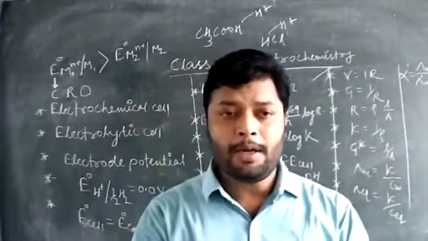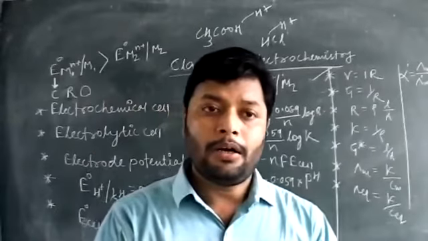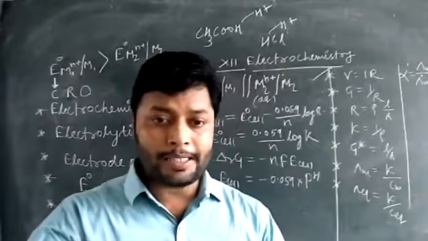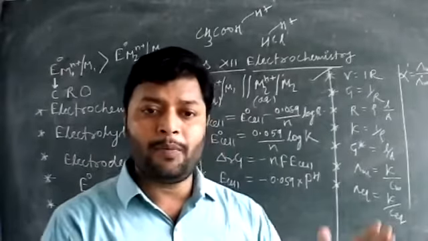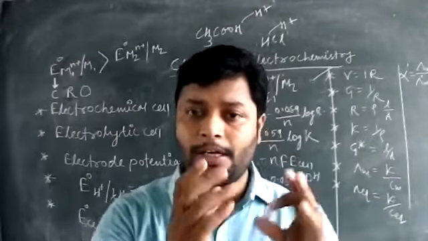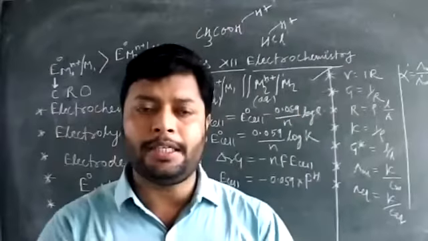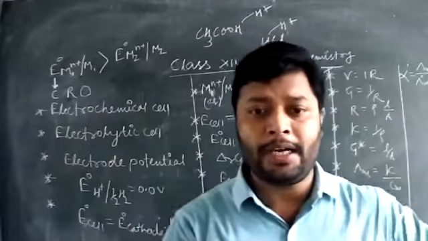We have an aim of how to make a chemical reaction occur. A chemical reaction will be spontaneous if we pass electricity from an external source. So conversion of electrical energy to chemical energy is one of the very important assignments in chemistry.